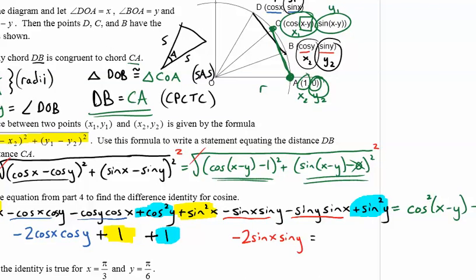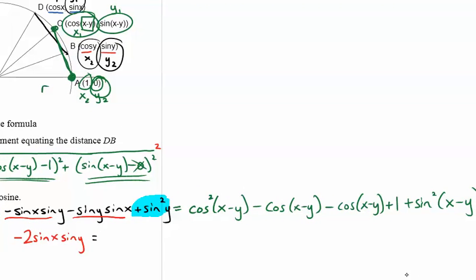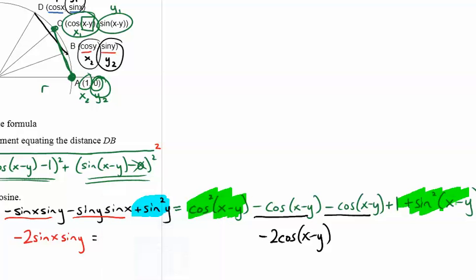On the right-hand side, I have negative cos(x−y) and negative cos(x−y). That makes negative 2 cos(x−y). And I have cos squared (x−y) plus sine squared (x−y), which will equal 1. And then I still have another plus 1 over here.